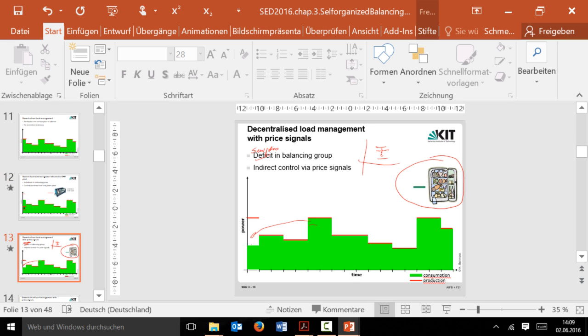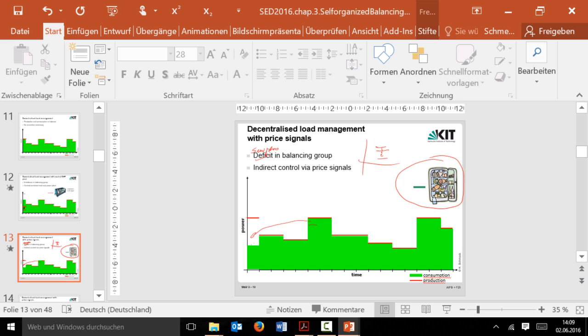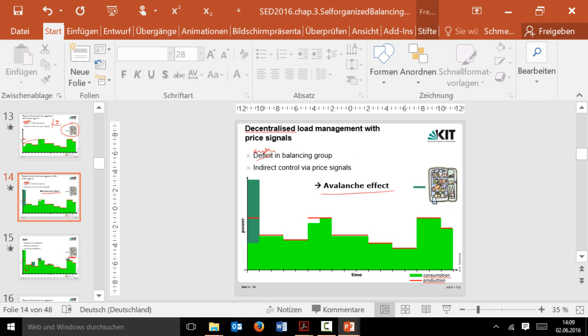And we showed different ways of doing that, like using devices which can generate additional power or reduce the generation of power, or using prices which lead to different responses.